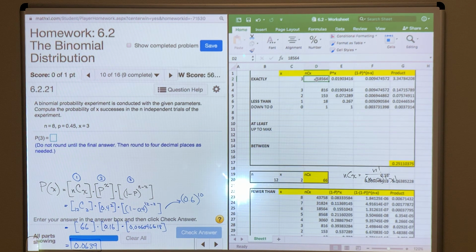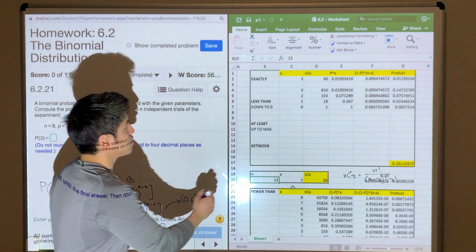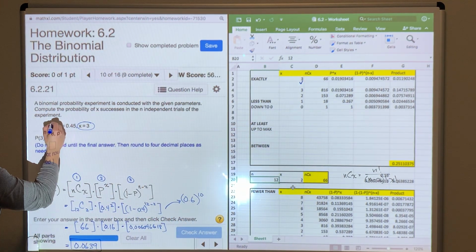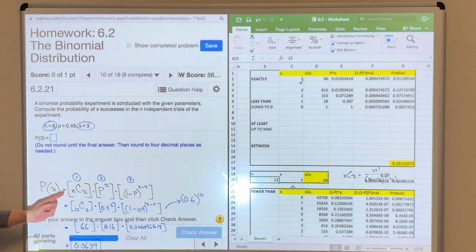Now, nCx, this value, I'm going to take right from there. So I typed in my x value. There it is right there. Then my nCx is what we calculated before. You guys see this? Okay.